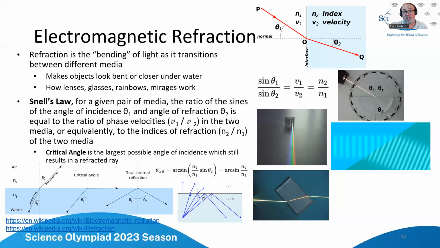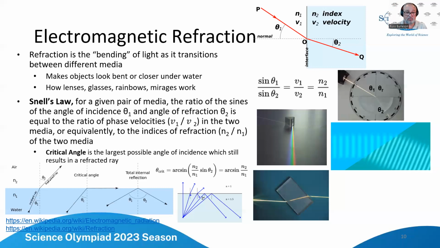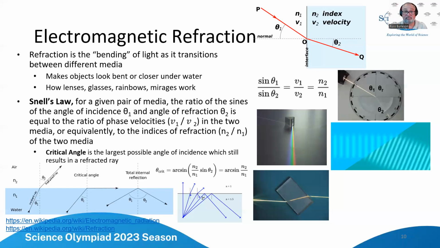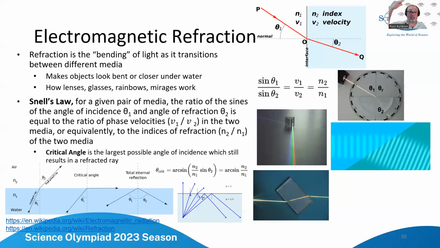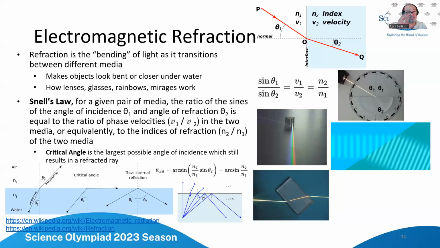There comes an angle at which everything gets bounced back. In other words, I get total internal reflection. And this is why when you're in water and you're looking at the end of the swimming pool, you can't see somebody standing on the edge of the end of the swimming pool. You can't. Now, if they were directly above the pool, you'd be able to see them. But it's actually after about 48 degrees, everything is reflected.